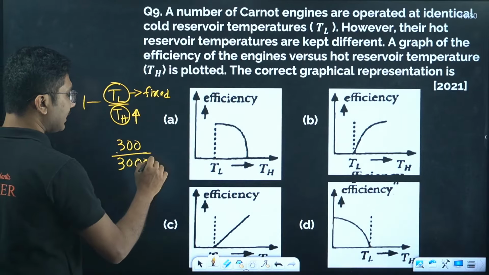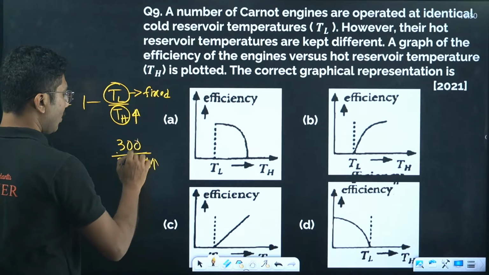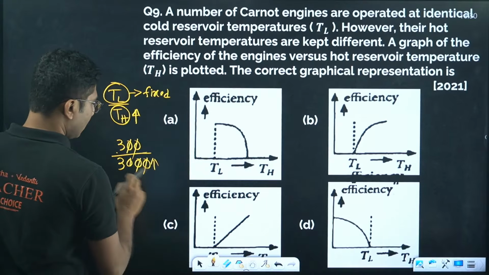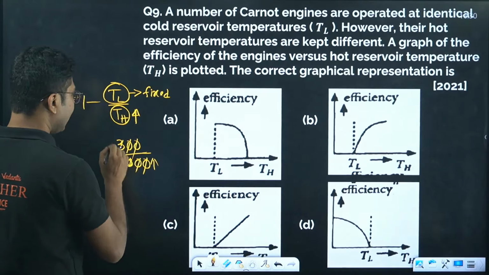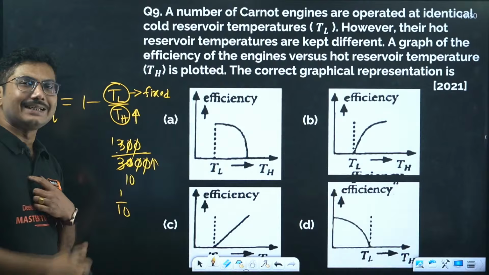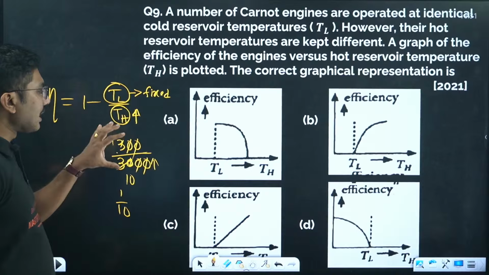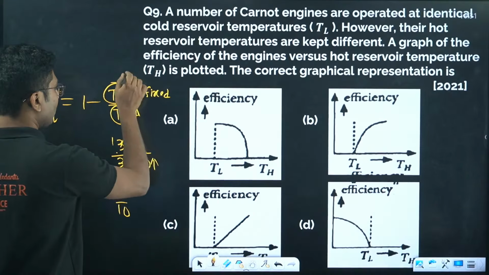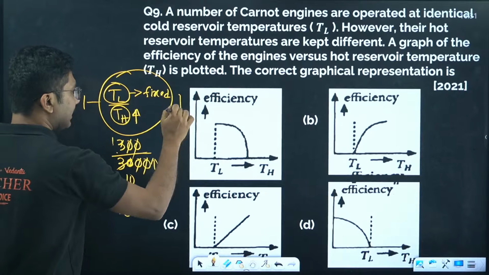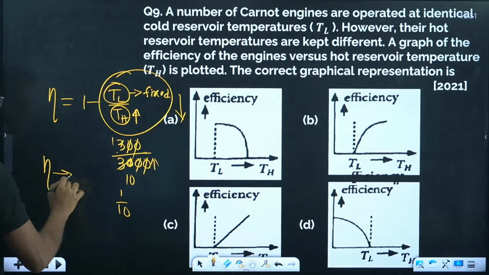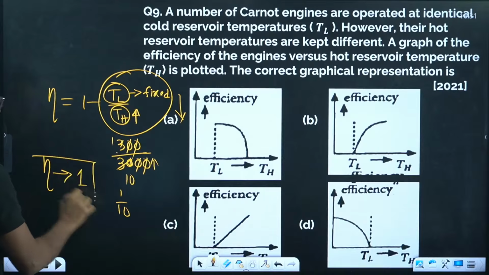So as you are increasing this slowly, what happens is that this number is actually decreasing. And if you keep on increasing T hot, the number becomes very small. So overall this number is decreasing, and efficiency is slowly going towards the unity value.